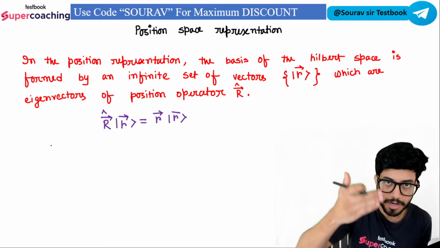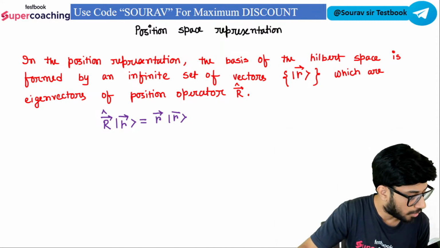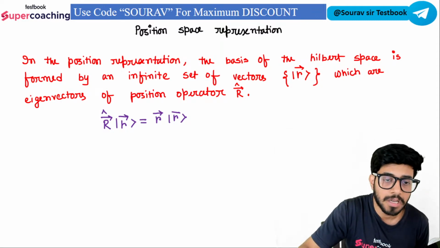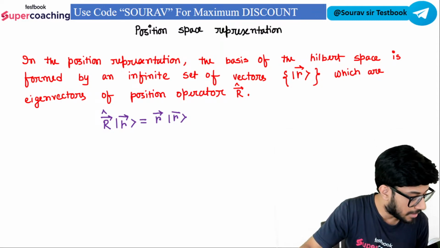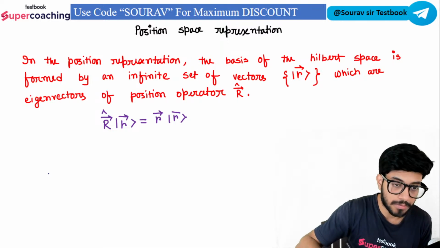Now there are two conditions. One is the orthonormality condition for a basis and the other is the completeness condition for a basis.